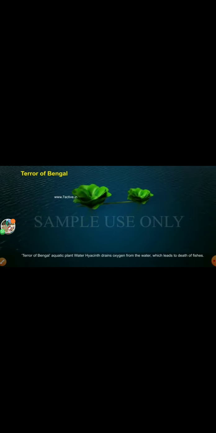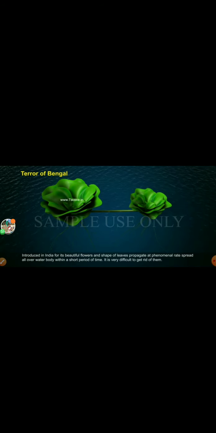Terror of Bengal aquatic plant water, hyacinth, drains oxygen from the water, which leads to death of fishes. Introduced in India for its beautiful flowers and shape of leaves, propagate at phenomenal rates, spread all over water body within a short period of time. It is very difficult to get rid of them.